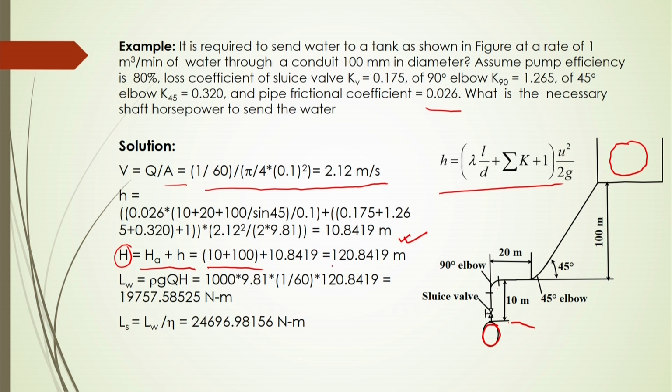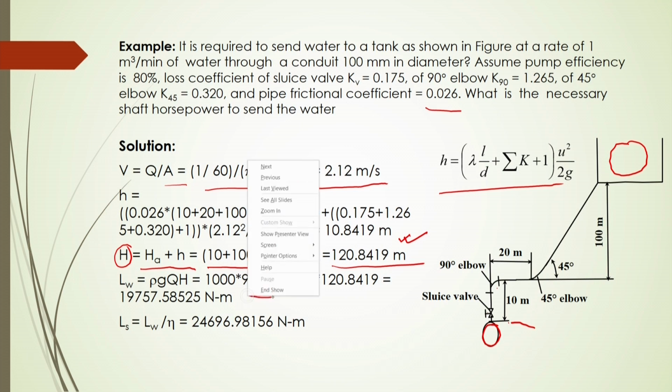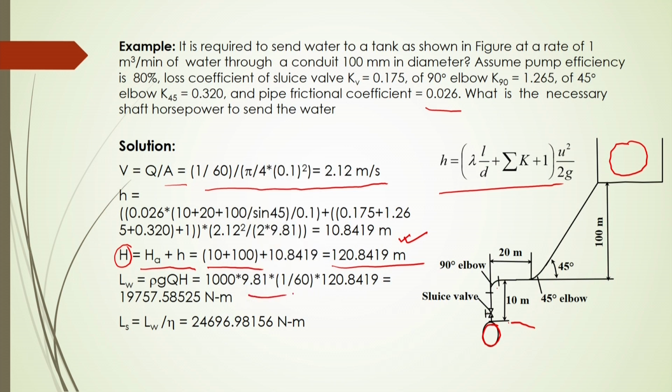This equals 120.8419 meter, and then L_W will be equal to rho g Q H. After substitution of all those values, we get 19757.58525 Newton meter, and then what will be the efficiency?